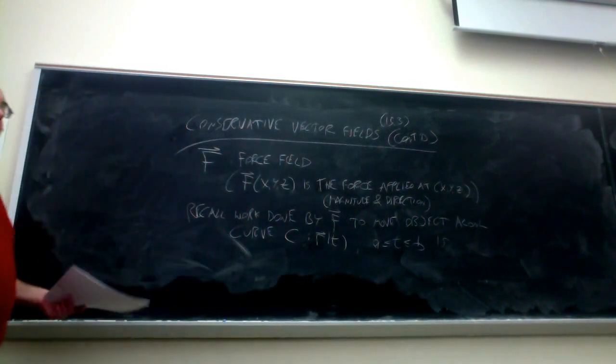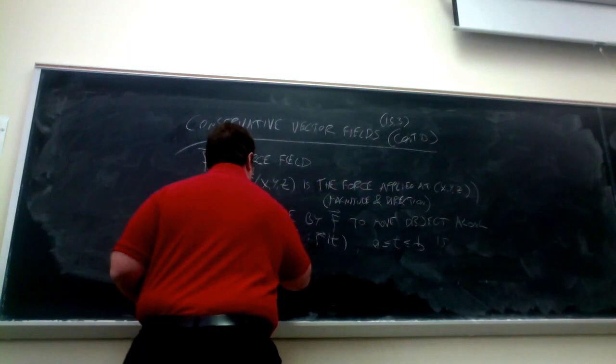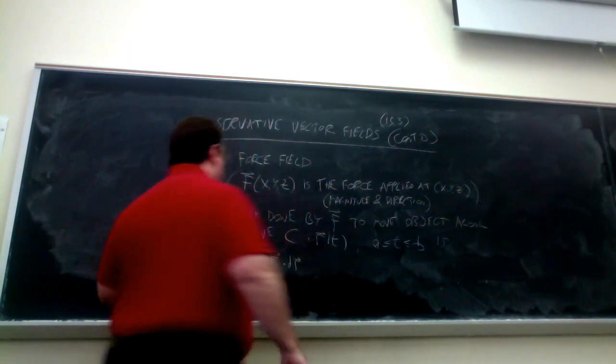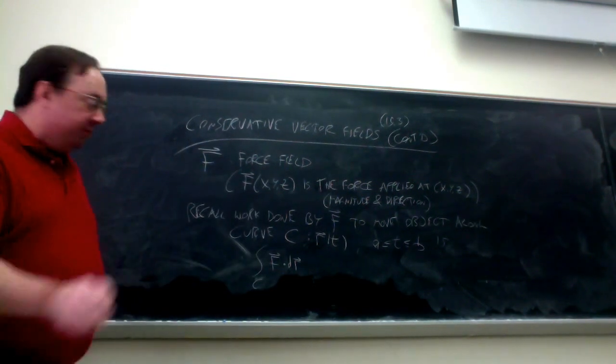So this is a generalization of the usual formula for work, work equals force times distance. It's just the line integral of a vector field F over the curve C.